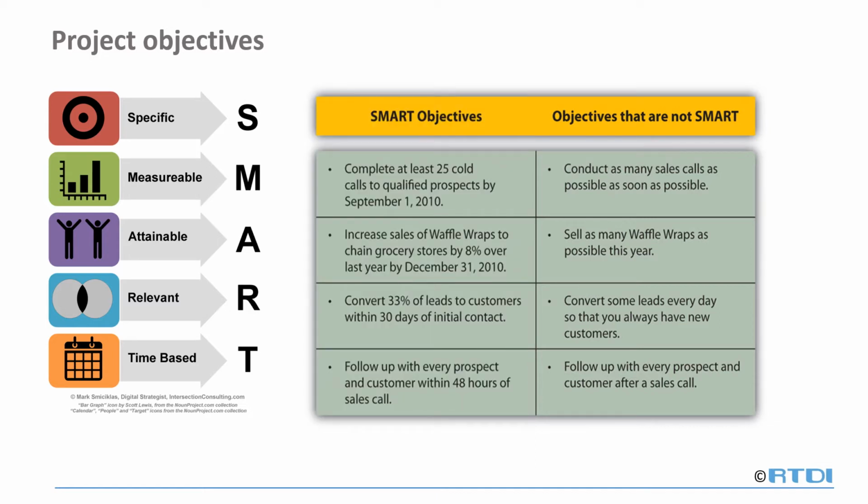If I try to make this objective SMART, I will have to say that my objective is to increase sales of waffle grabs to chain grocery stores by 8% over last December 2010. So it's not just a matter of saying I want to sell 8,000 waffle grabs. The relevant objective is to increase sales.